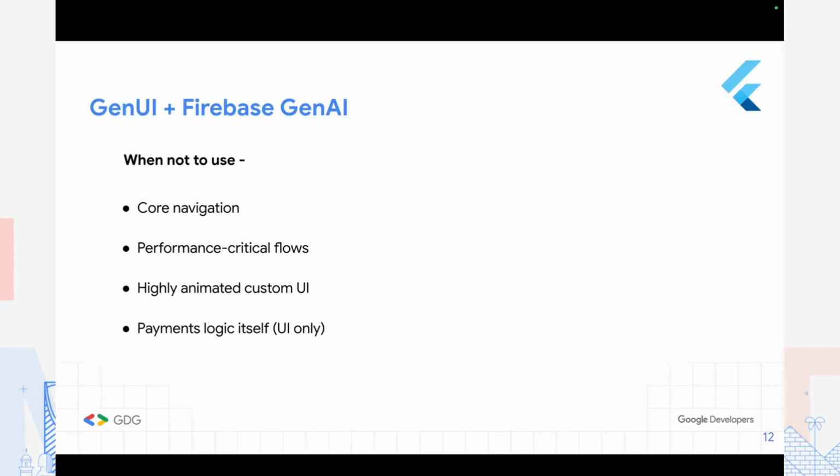And highly animated custom UI. Again, animation is going to take up a lot of resources, and having Gen AI do the job for us in such screens could be risky, because in such cases we like to keep minimal logic, because animation is already doing a lot of things. So it's best to avoid Gen AI. And payments logic, obviously, because it can consist of sensitive data.